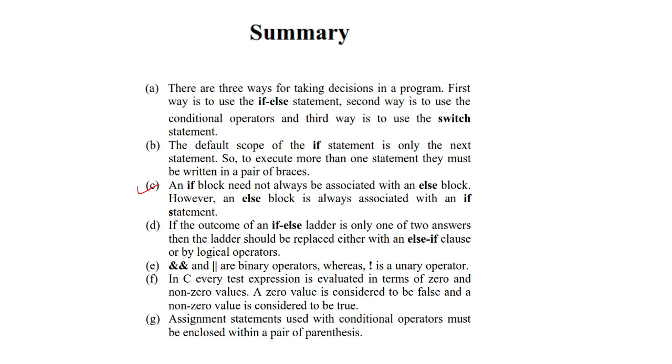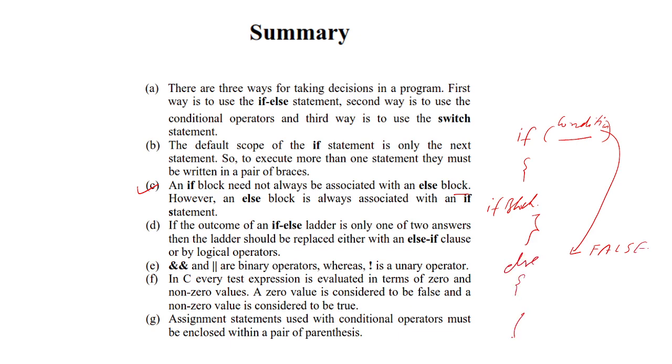Third one is: if block need not always be associated with an else block. Meaning if we have to execute some statement on the basis of this condition, then we can use this block only, meaning the if block only. But if we want some more statements depending upon the false of the condition, then we have the requirement of the else.